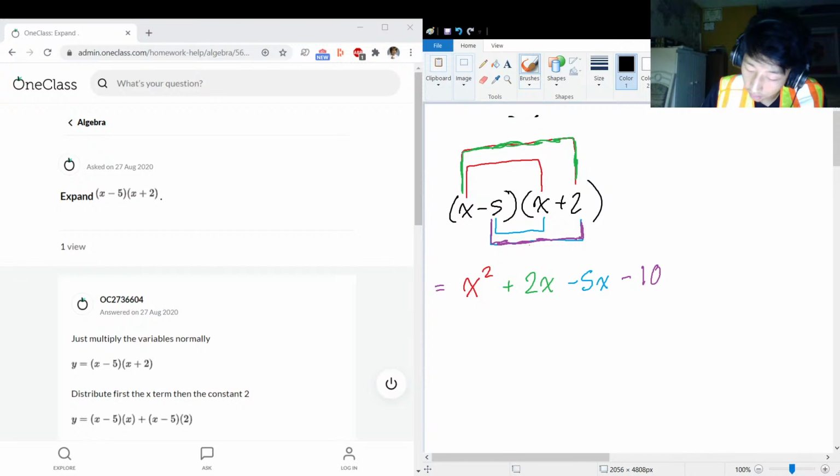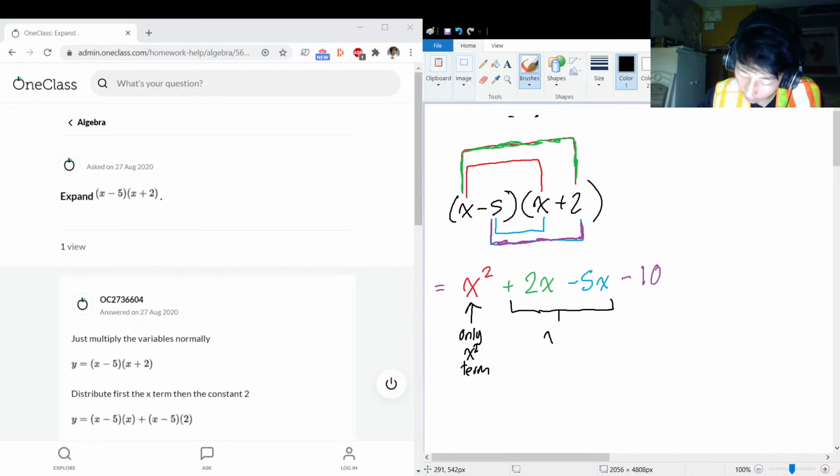Awesome. So now that we have this, we can collect like terms. Like terms means that they have the same x attached to them. So we only got one x squared term. Here we got x terms. And these are just, well, in this case we only got regular numbers.